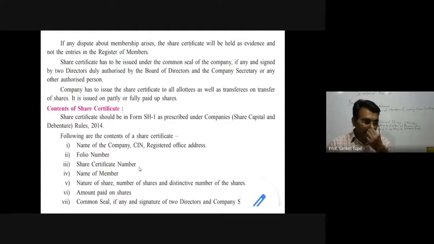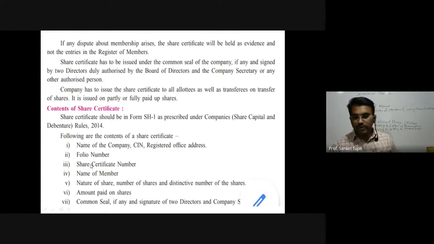Every share certificate carries a specified number, a separate number. If in the previous issue the last share certificate number was 10,000, then in this fresh issue the first allottee will get 10,001. So the share certificate number cannot be a duplicate of a similar number. For safety purposes, every share certificate number is a different one.